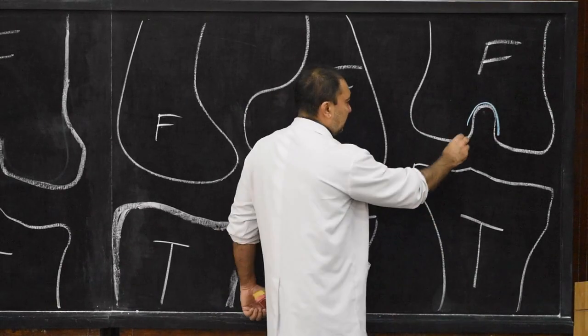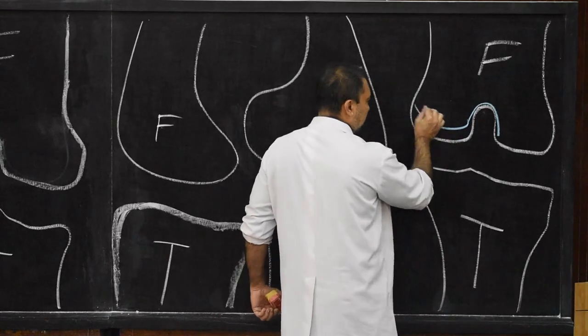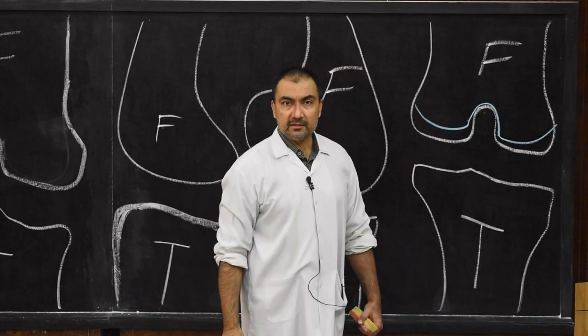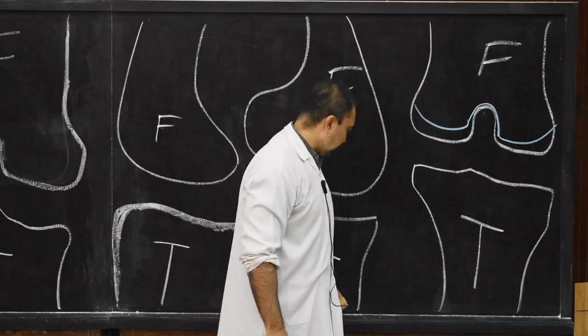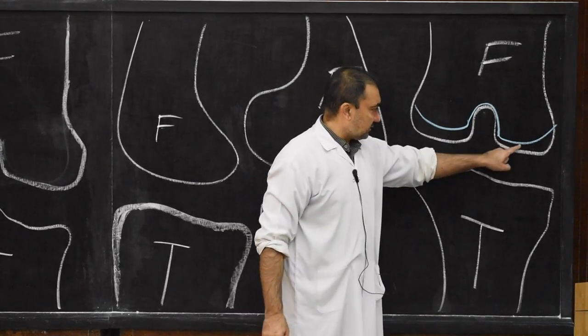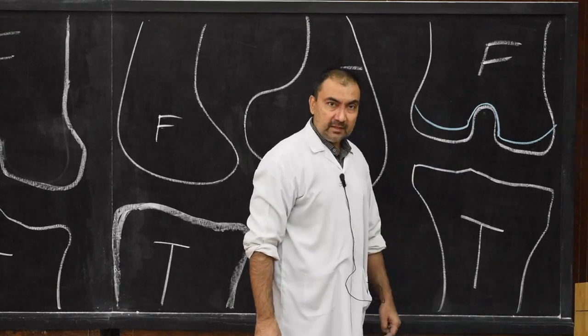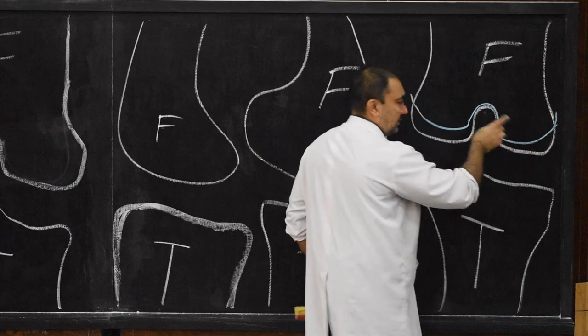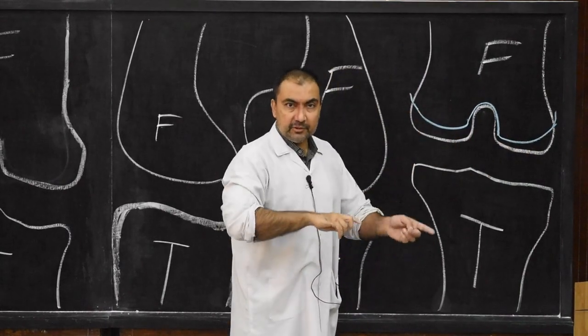Similarly, it will cover the articular surface of the medial and lateral condyles of the femur posteriorly. It will cover the articular margin of the medial and lateral condyles, and then it passes on both sides, medially and laterally, which we are going to understand in another direction.